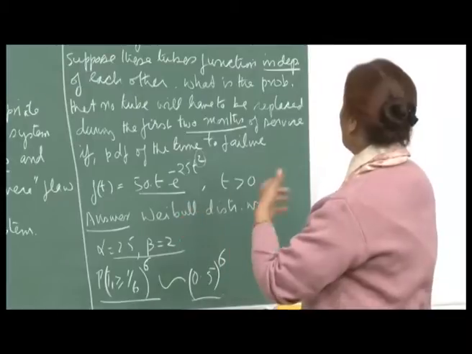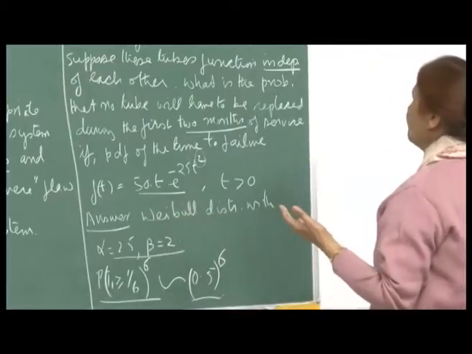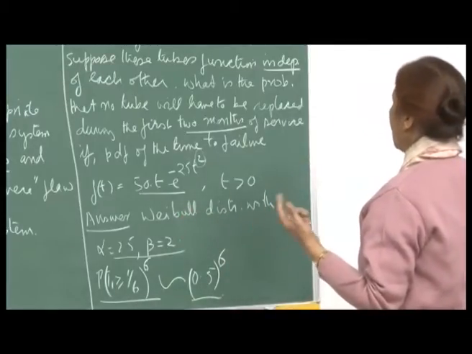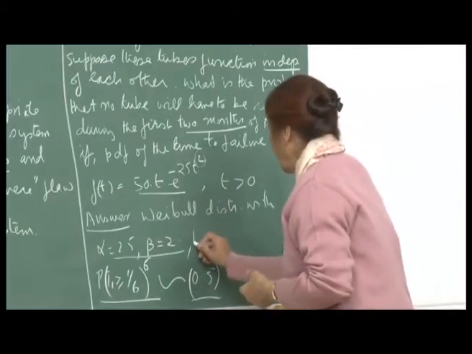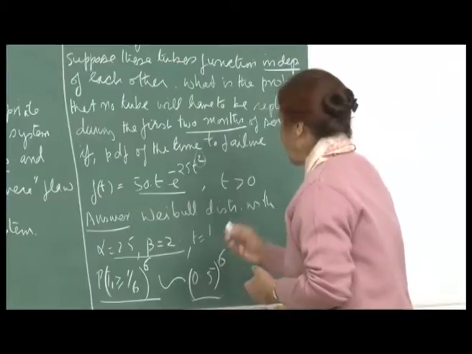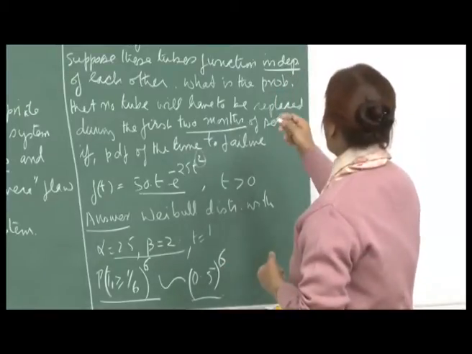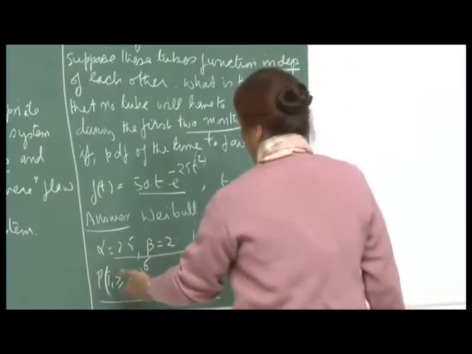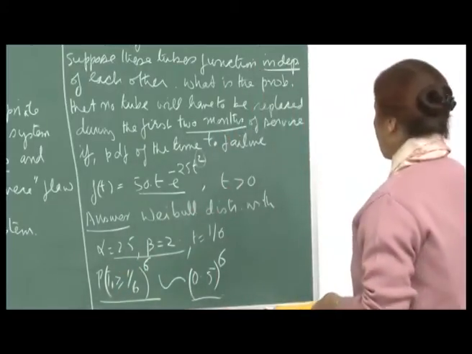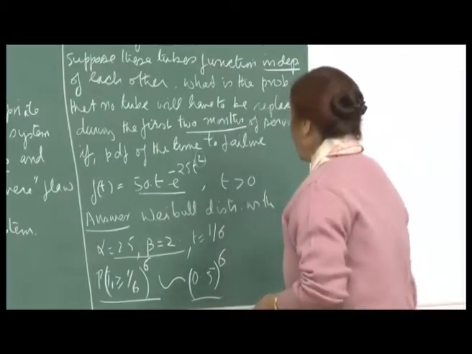Since the tubes are functioning independently of each other, and 2 months is t equal to 1 by 6 of a year, which I have written here, t is 1 by 6.